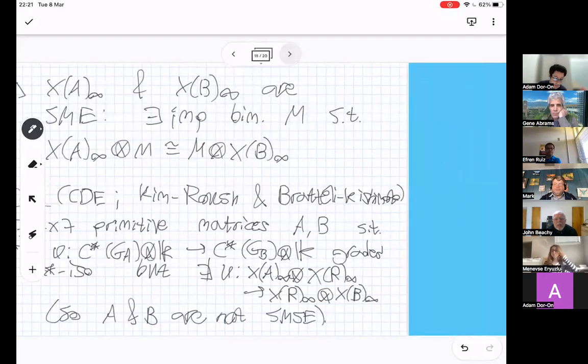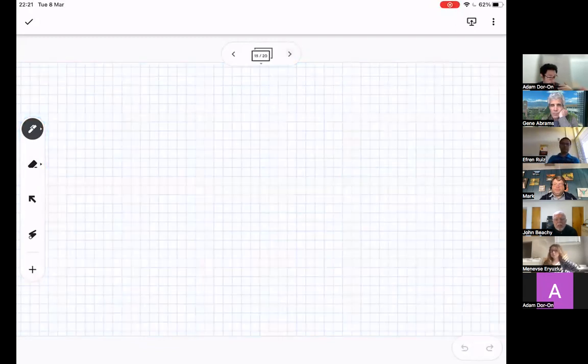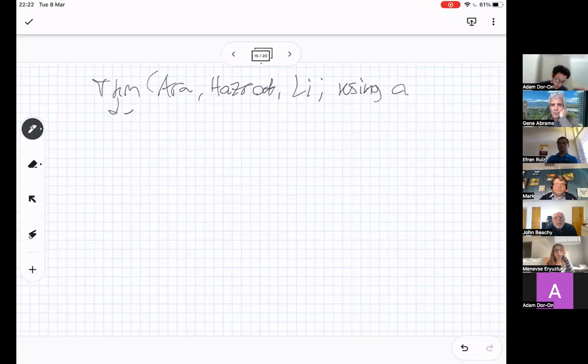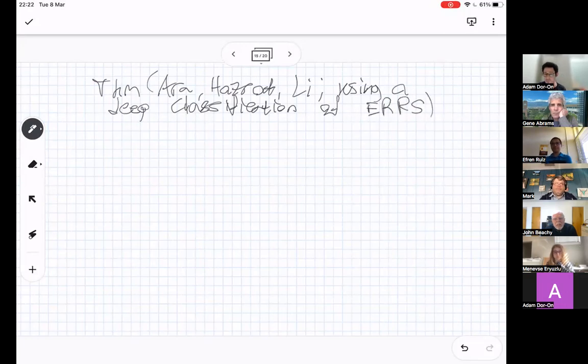And then I want to give a positive result that depends on two papers actually. This is a theorem that we attribute to Ara, Hazrat, and Lee. This is using a deep classification result of Eilers, Restorff, Ruiz, and Sorensen, that essentially says, so the conclusion is this.